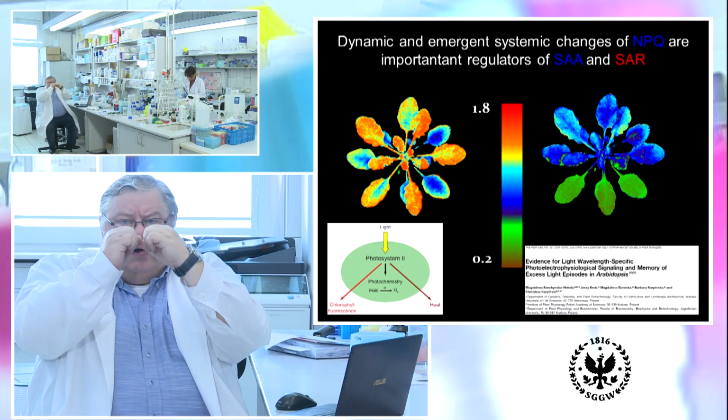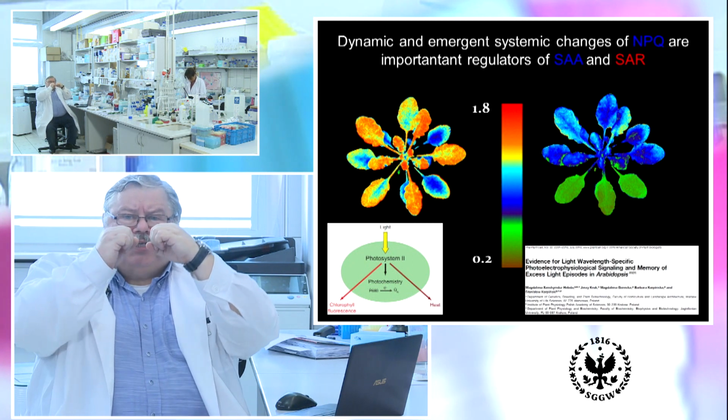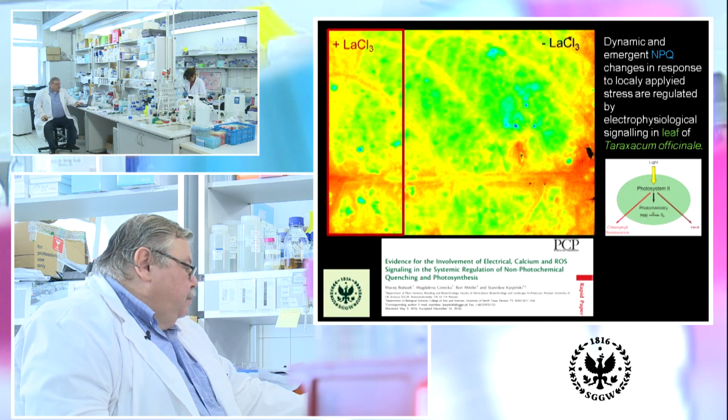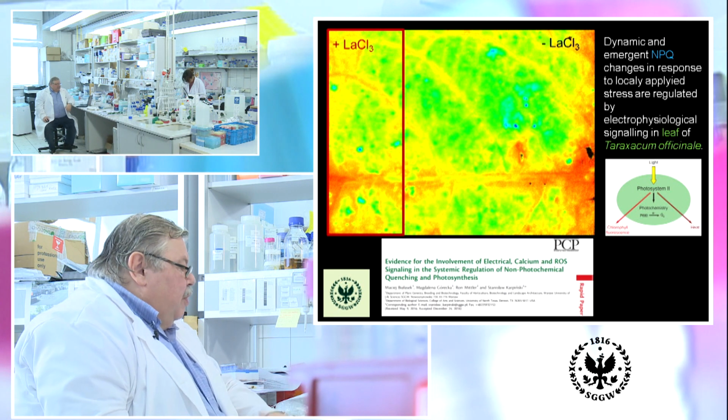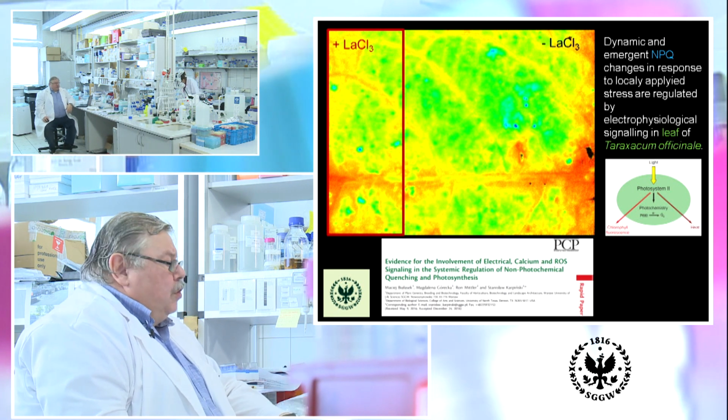Whenever they are closer, more energy goes to photochemistry, and this conformation is changed in systemic signals. Here we can see the demonstration that the electrical signaling is regulating non-photochemical quenching.